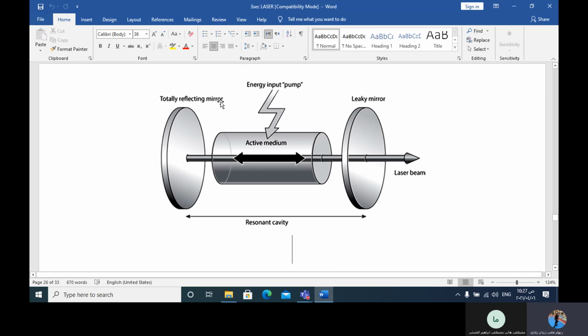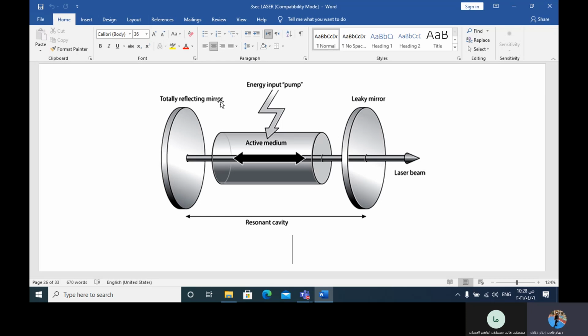Now to the lasing action itself and how to arrange the device in order to start it. As you see from the diagram, we have a cylinder that contains the active medium, which, as we said, can be solid, liquid, or gas. On the right and left sides, we have reflecting mirrors, but they differ in their reflection coefficient.